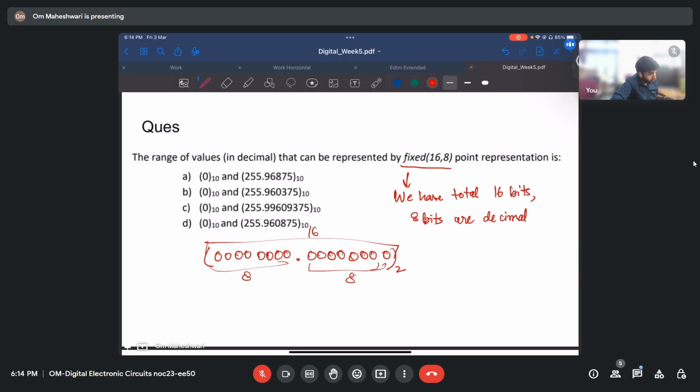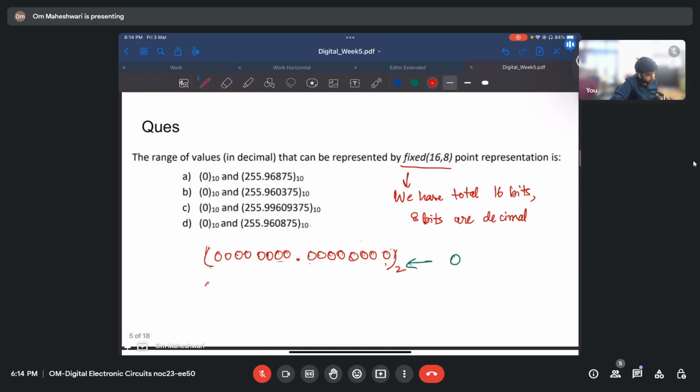It is all base 2. Now in this number system, the minimum number that you can represent is all zeros, which corresponds to 0.